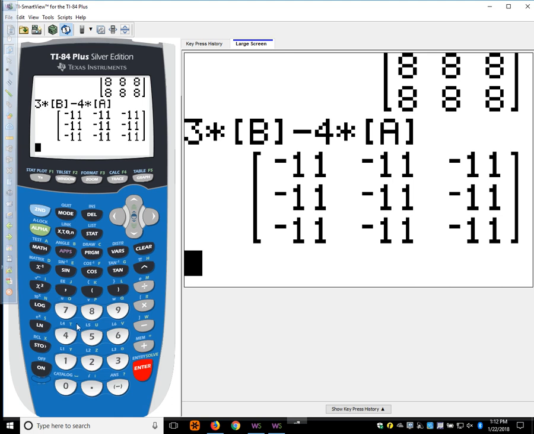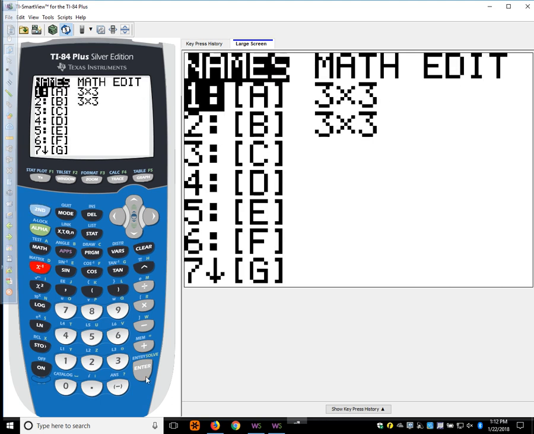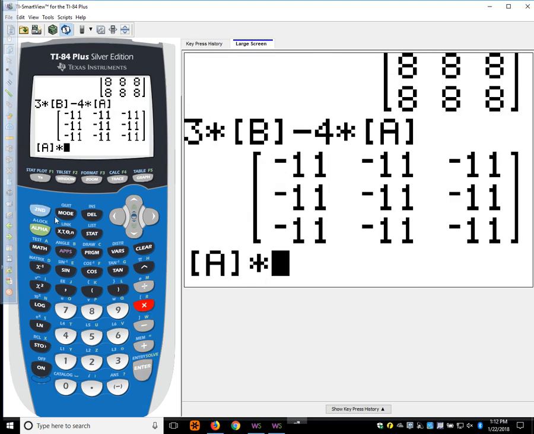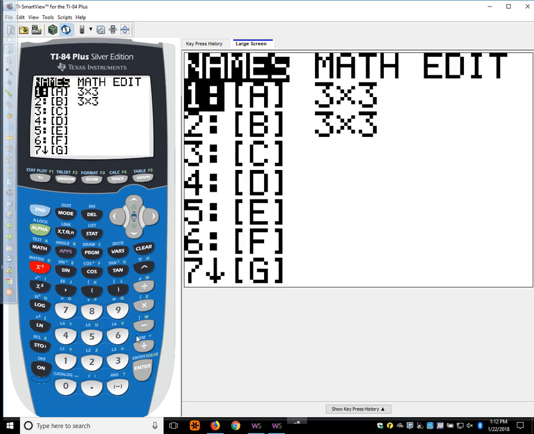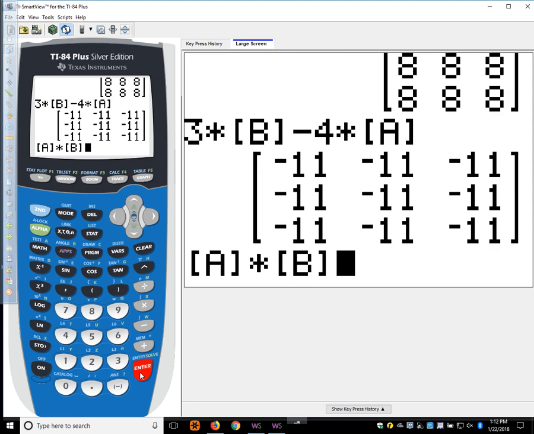I could do A times B, A times B. And I get a matrix full of 45s.